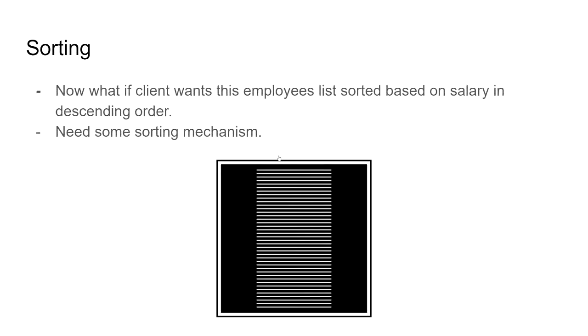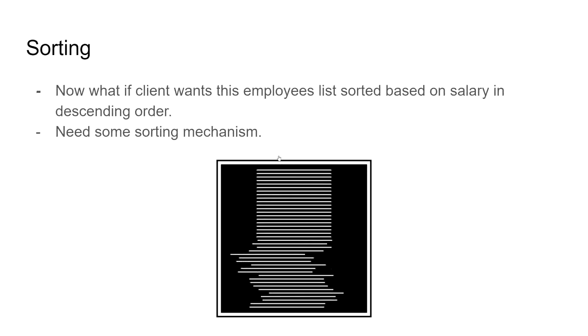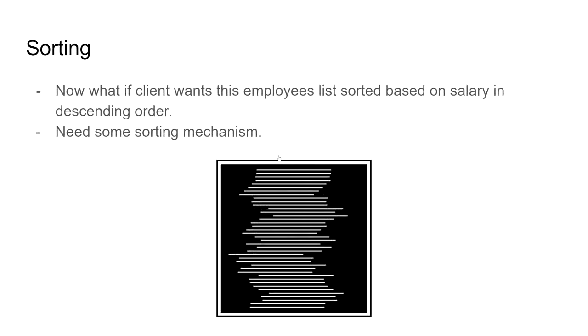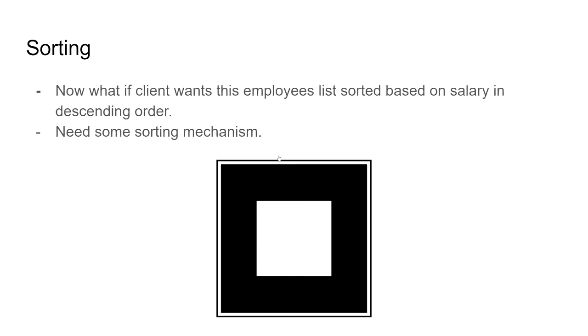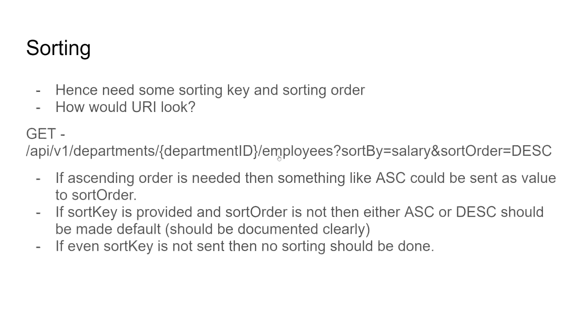Then we have sorting, right? Now let's say we have employees, but what if we want the employees sorted in descending order, right? So we need some sort of a sorting mechanism. How would our URI look like?